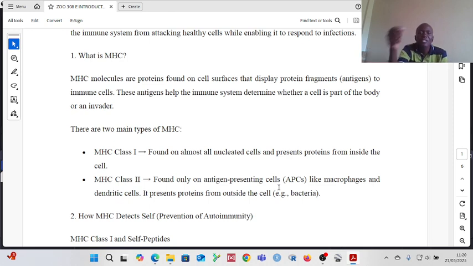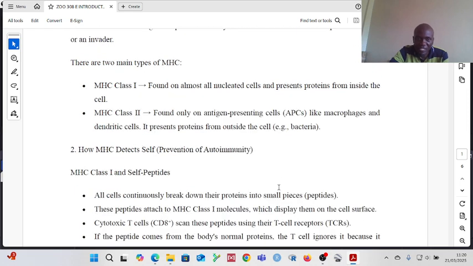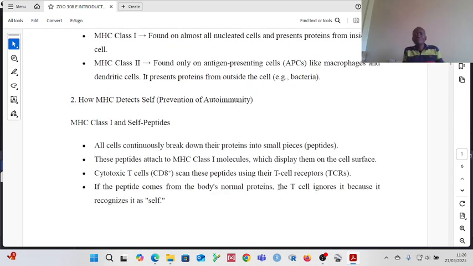Okay? So let's see how the MHC class 1 does that. So all cells within our body continuously break down their proteins into smaller pieces. So a protein is a polypeptide. It's made up of many peptides. So when you break down those many peptides, you now get the individual peptides.